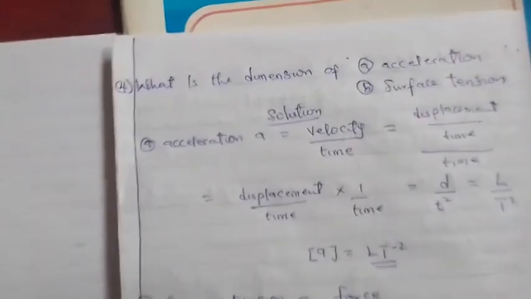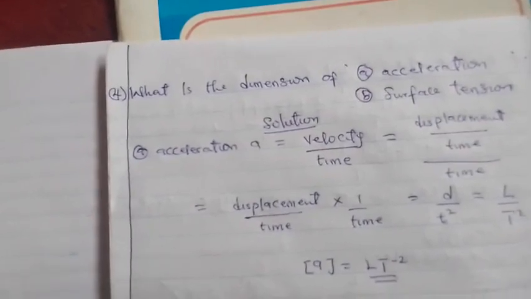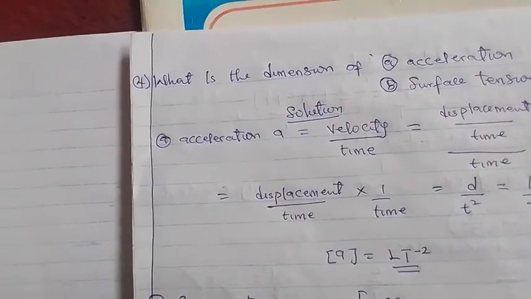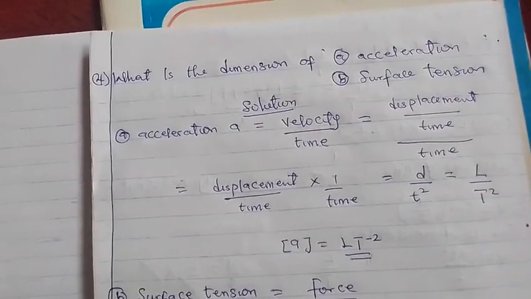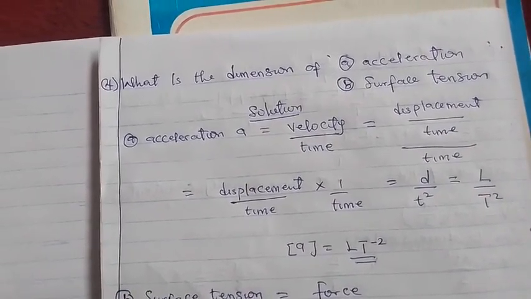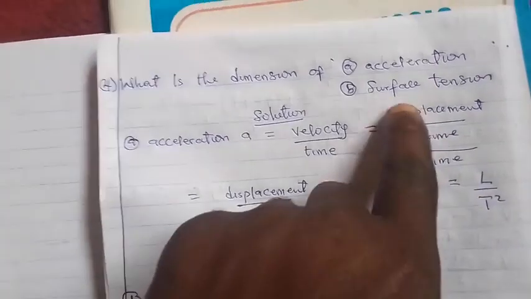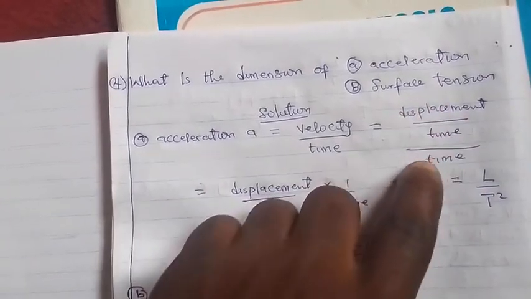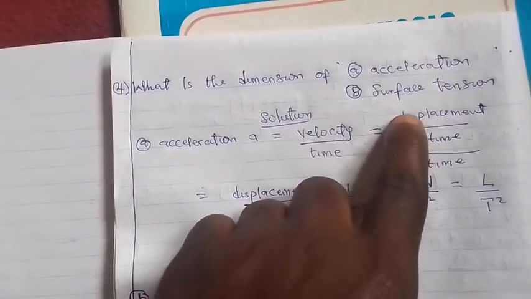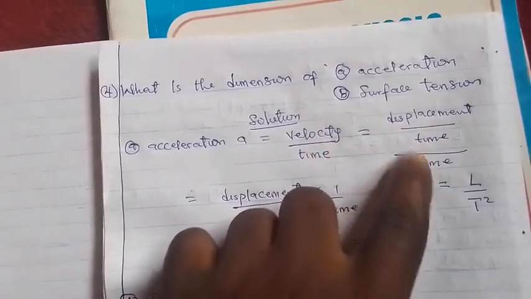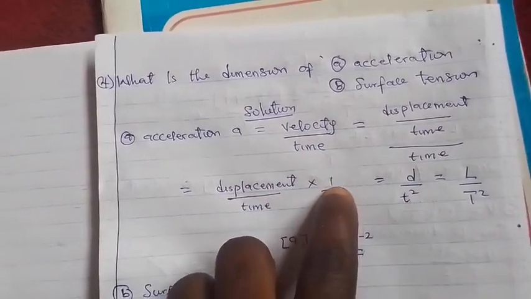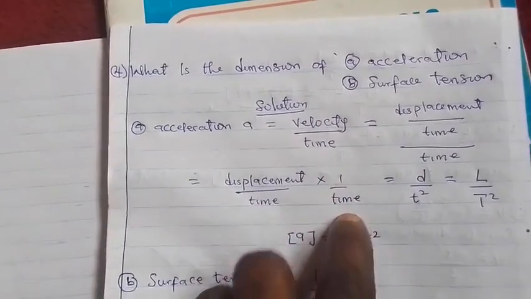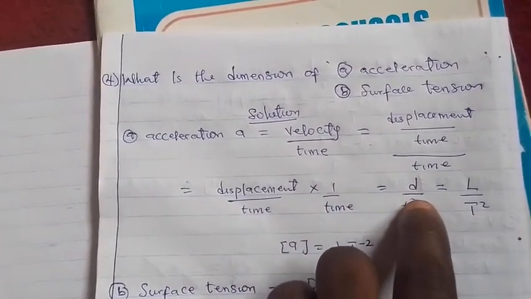Lastly, what is the dimension of acceleration and surface tension? Now, the formula for acceleration is velocity over time, and velocity is displacement over time. This is the formula for velocity. So we can write it as displacement over time, then over time, which can be written as displacement over time times 1 over time, which is displacement over time square.